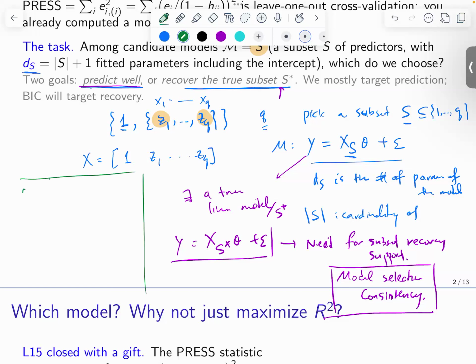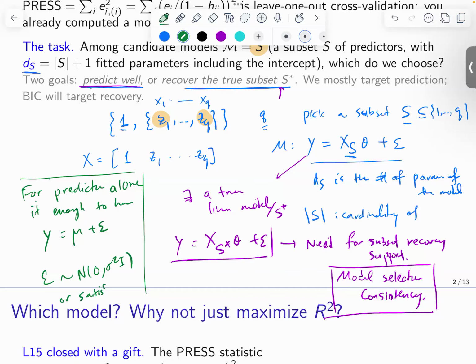We'll see that for prediction alone, it is enough to have just Y is mu plus epsilon, where epsilon is maybe normal 0 sigma squared I, or satisfies some weaker condition.